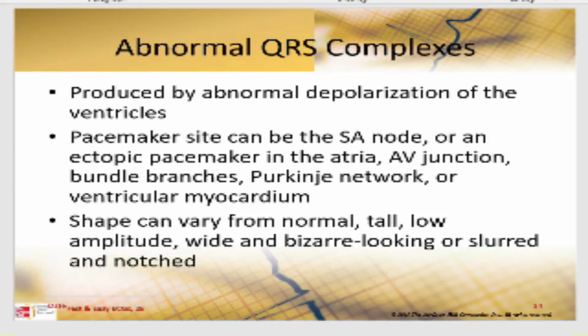If it starts from any of those spots, it could be an abnormal QRS. The shape may look funny. It may be really narrow. It could be very tall, may be low amplitude, not move off of that line very much, or it could be wide, bizarre looking, or look slurry, or maybe even notched.